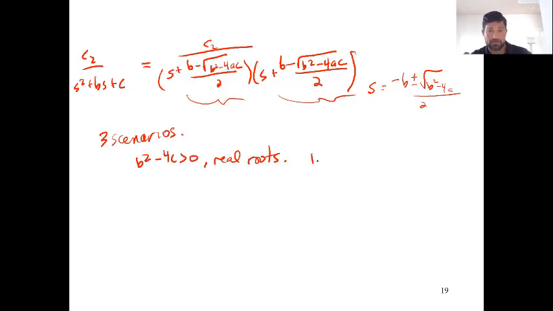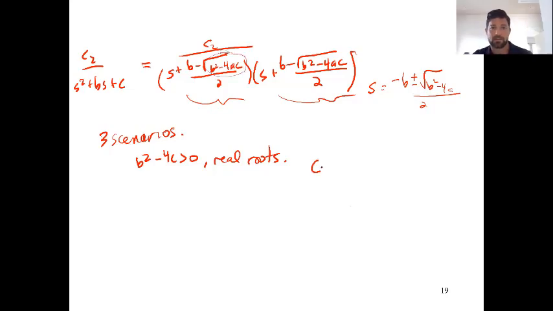First of all, if it's real roots, B has to be greater than 0. If B is less than 0, then these terms right here are going to be negative.